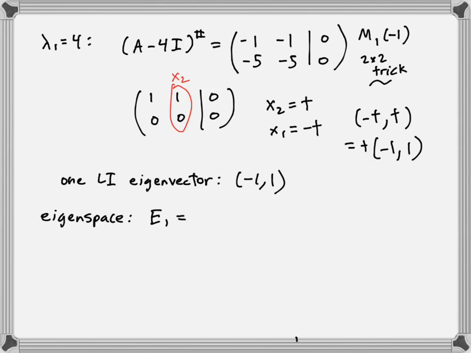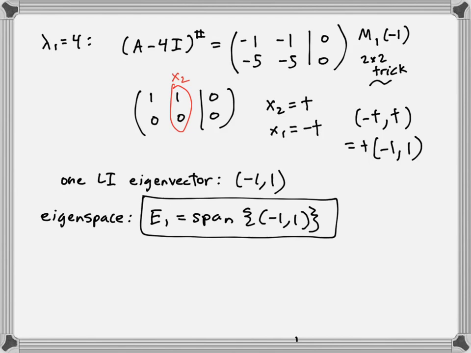E1 would equal the span of that vector. Okay, so that's how we write the eigenspace. What would its dimension be? Well, it's spanned by one vector, and so its dimension is 1. Okay? In other words, this is just a line through the origin.